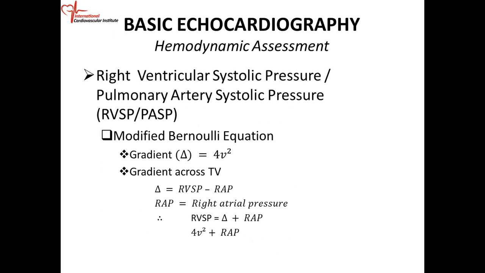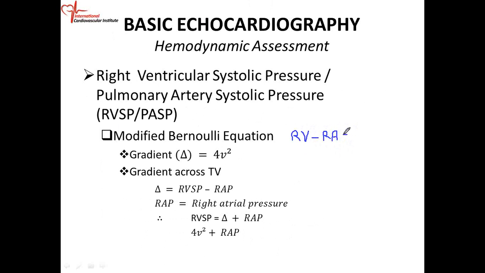If you have a pump, then that's different, and you don't have any mechanical pump or electrical pump in the heart. So what we're saying is that the RV systolic pressure minus the RA systolic pressure is equal to the gradient, right?